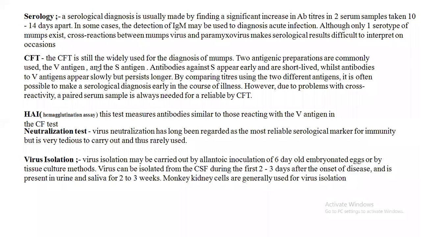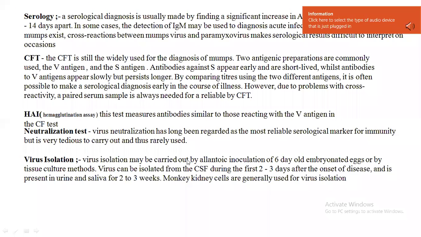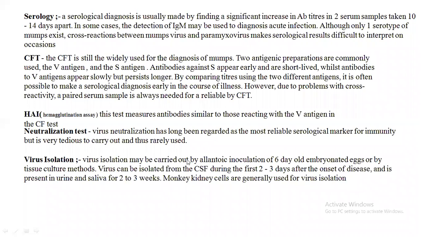Virus isolation may be carried out by amniotic inoculation of 6 to 8-day-old embryonated eggs or by tissue culture method. Virus can be isolated from the CSF during the first 2 to 3 days after the onset of disease and is present in urine and saliva for 2 to 3 weeks. Monkey kidney cells are generally used for virus isolation.